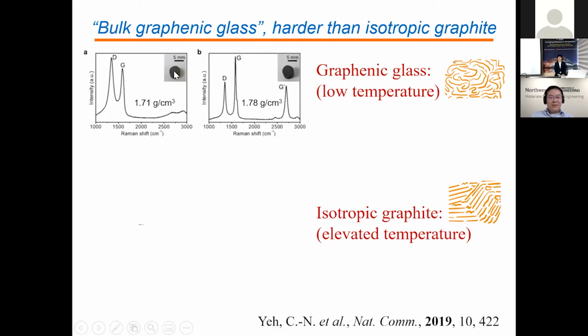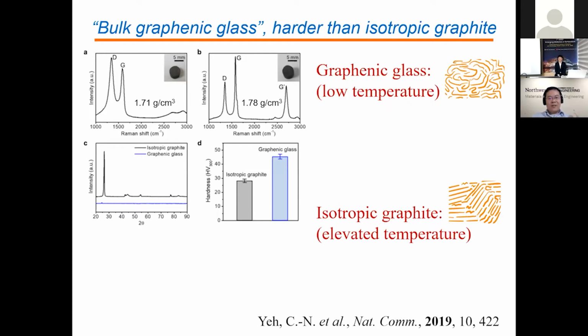If you look at the Raman spectrum of the two materials, I'm going to spare the details, but if you're familiar with the Raman spectroscopy of carbon materials, this tells you that the isotropic graphite has much higher quality graphite domains. The left side is RGO, which is much worse, a lot more defective.